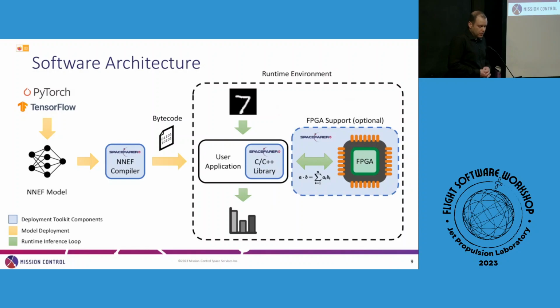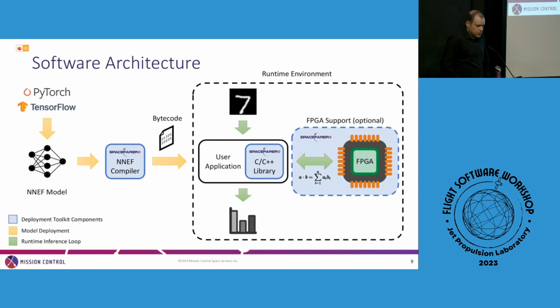So what the compiler does is break down those high-level operations into lower-level operations, and we end up with what we call a bytecode, which is kind of an executable program. It has instructions, it has data. For example, the weights of your neural network or model parameters are all contained in that bytecode.